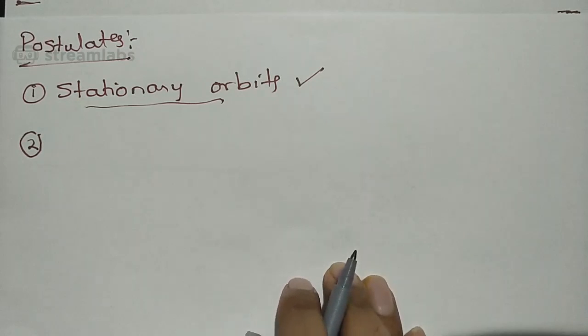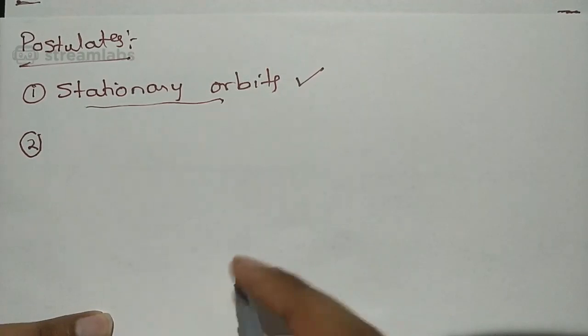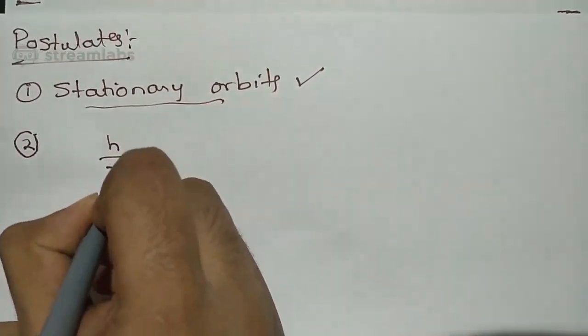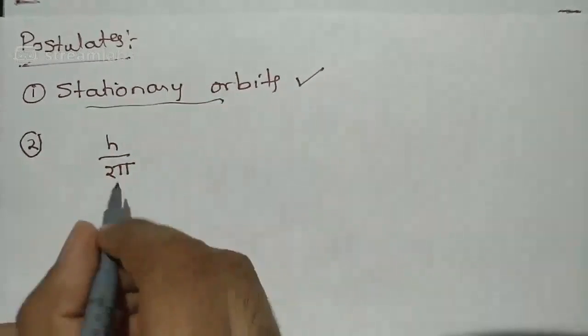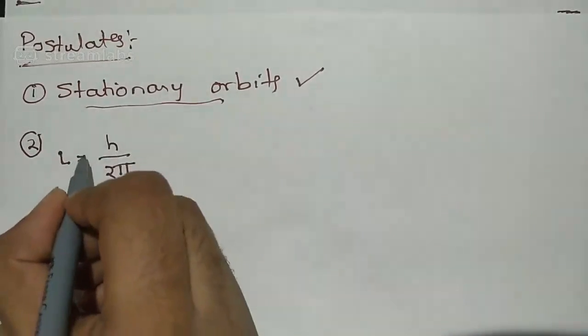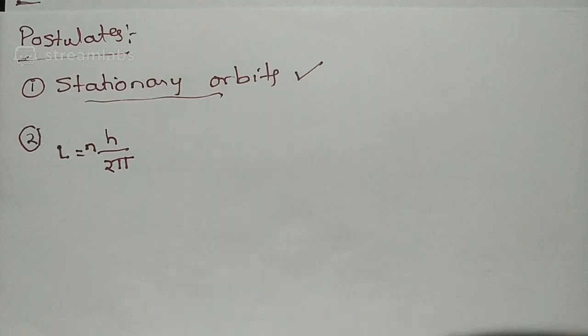The angular momentum of the electron in the stationary orbit is an integral multiple of h by 2 pi, where n is the principal quantum number. For the first orbit n will be 1, for the second orbit n will be 2, for the third orbit n will be 3.